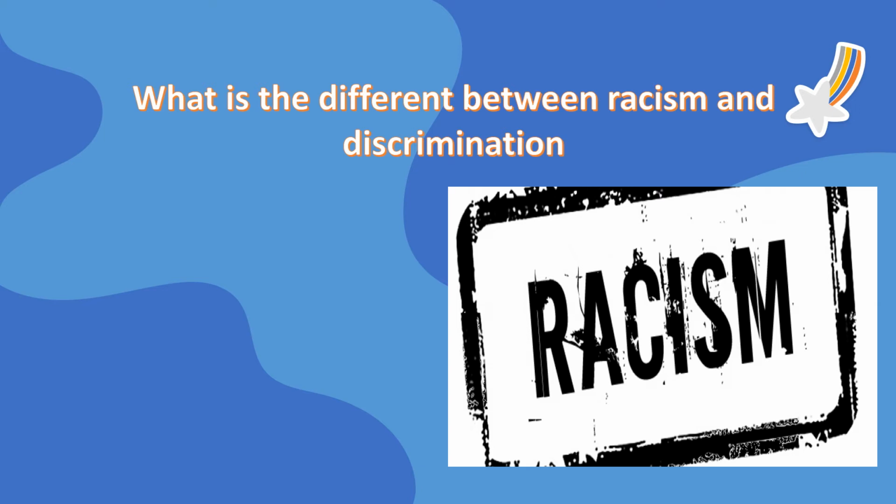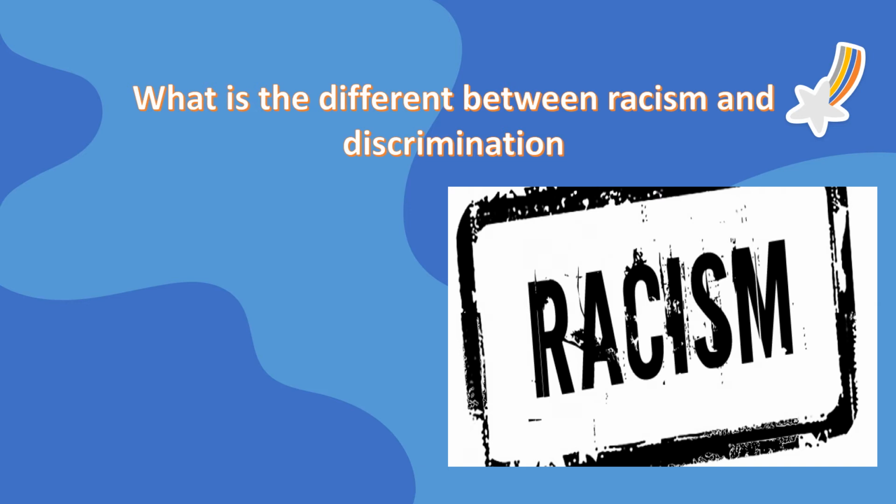But discrimination is unjust or prejudicial treatment of different categories of people, especially on the grounds of race, age, or sex. Racism is based on differences in skin color, customs, tradition, language, and place of birth, and discrimination is based on different age, gender, race, abilities, sexual orientation, education, material status, and family background. 3.